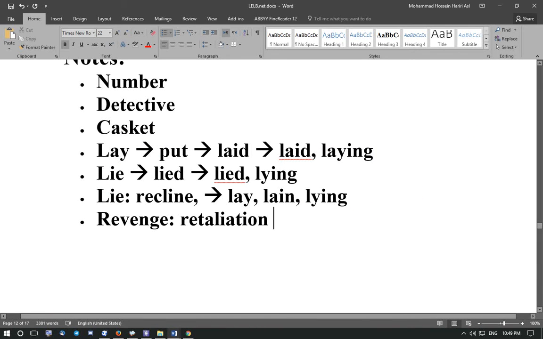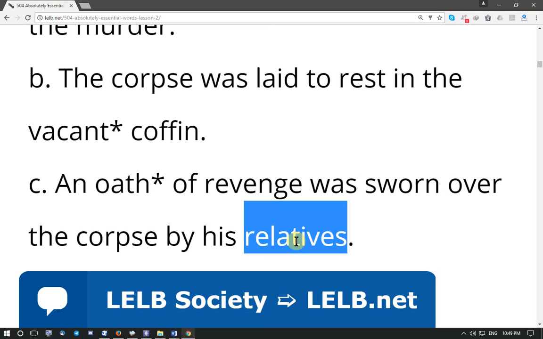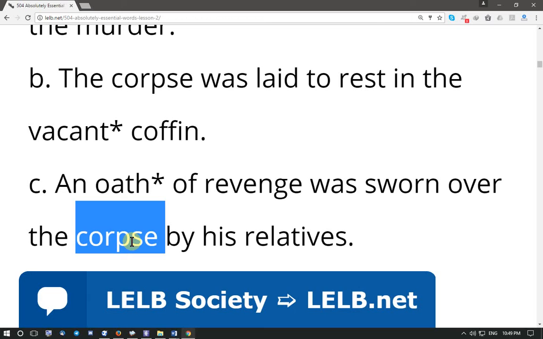Sworn, here the simple form is swear. It means to use unpleasant words. You know, swear has another meaning, but here it doesn't mean that. So here it means to let out unpleasant or rude words over the corpse by his relatives. So the relatives or acquaintances of the corpse decided to take revenge over the body or corpse.